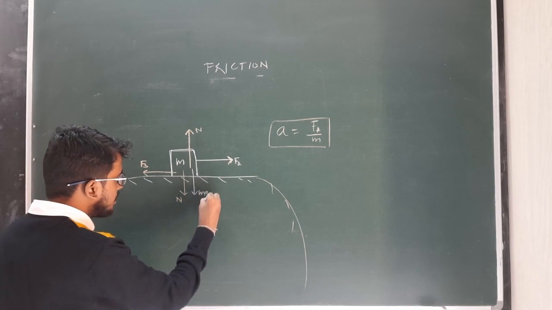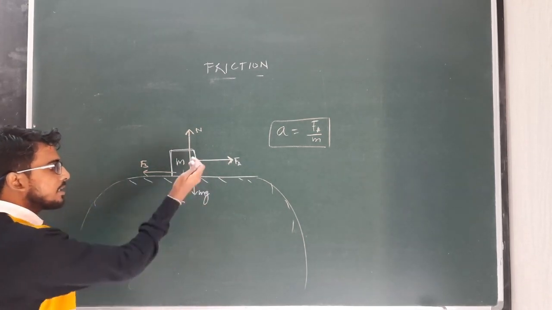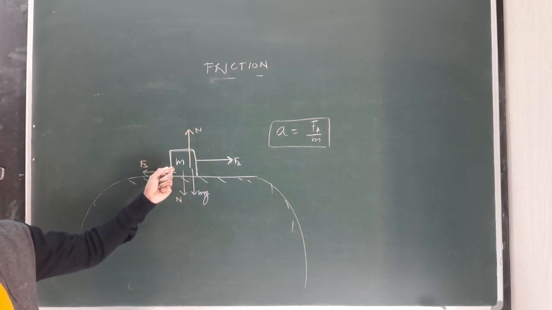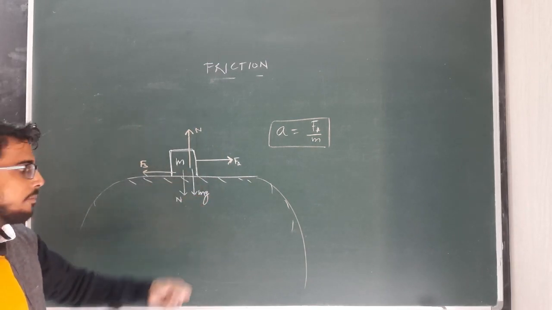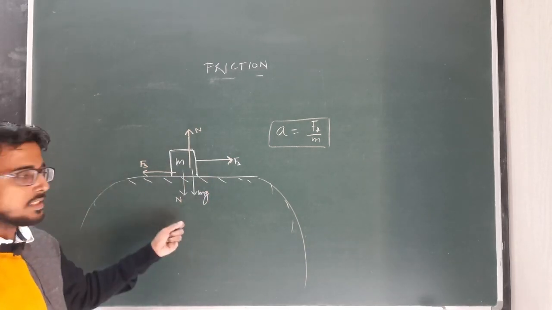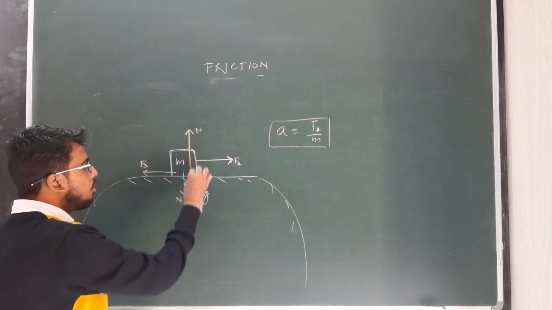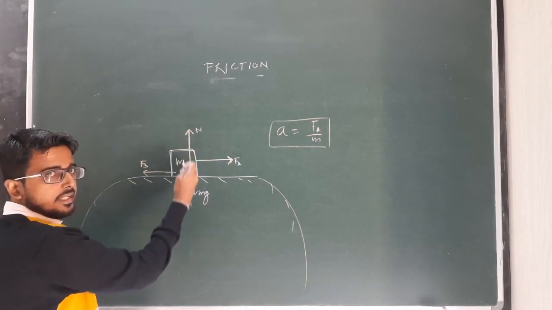We will discuss this in the gravitation chapter, but the force with which the block is attracted by the earth towards its center is mg.